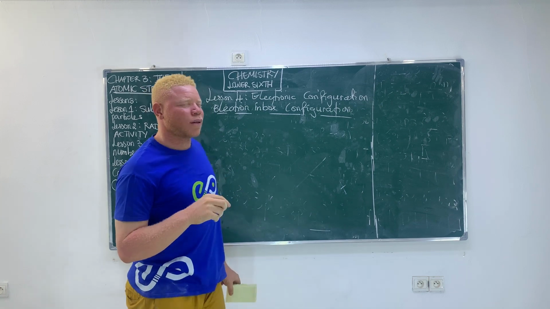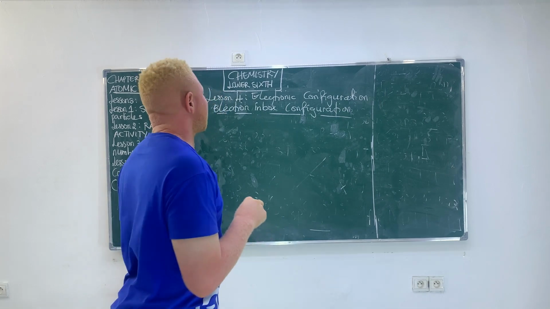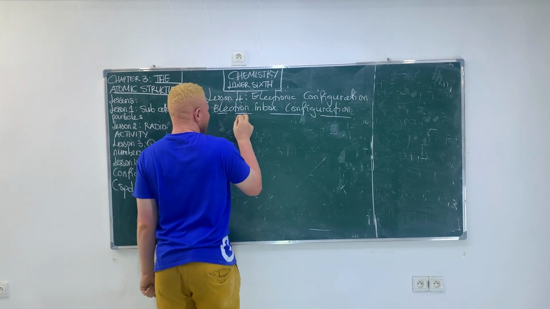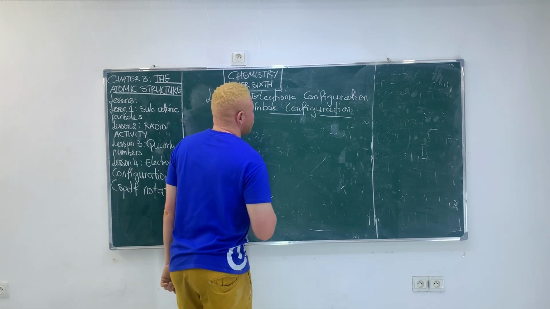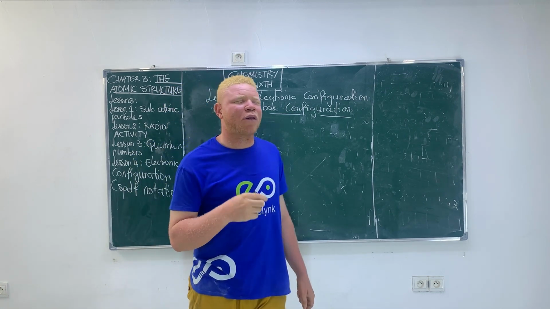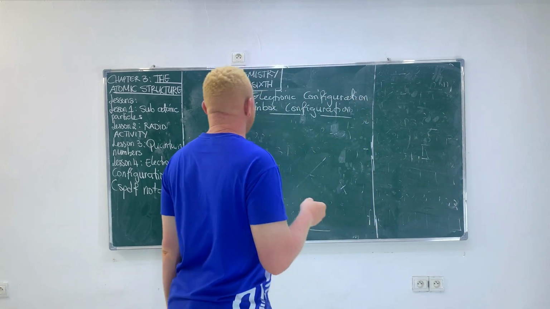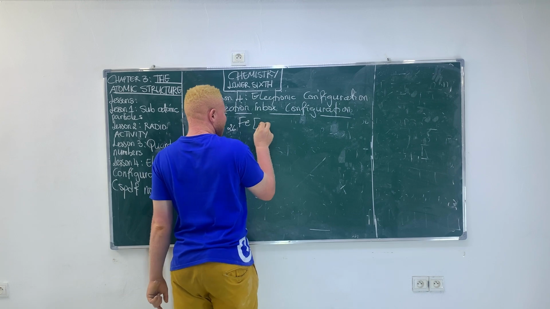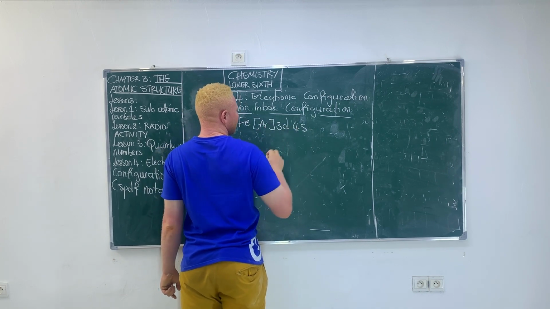So let's take the case of iron. I want to write the configuration for iron. Iron's atomic number is 26. To write such an electronic configuration, we use the argon core. So we put argon, 4s2 3d6.